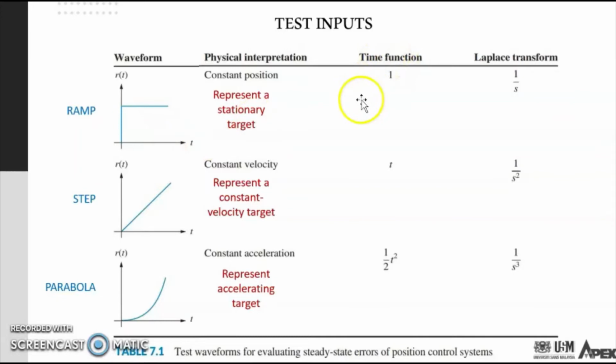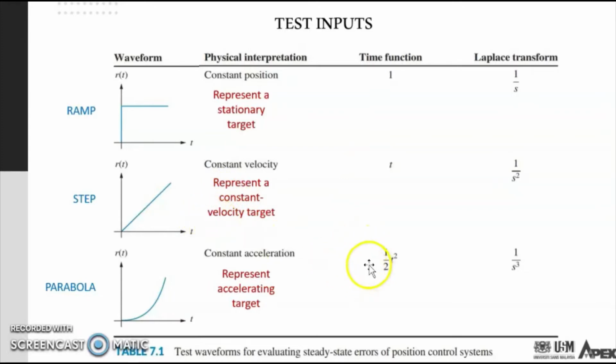If you could remember the time function of each of these, the step is basically r(t) equals 1, because in this case the level here represents 1, but it can be any amplitude. Or the ramp, your r(t) is equal to t, because it increases linearly with time.